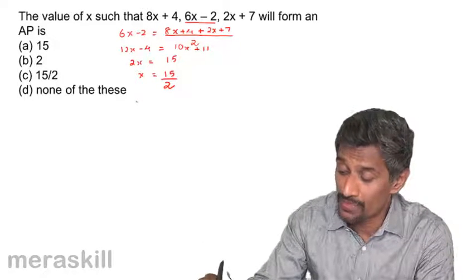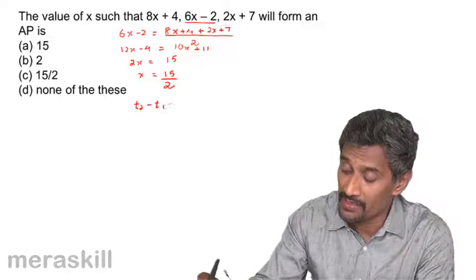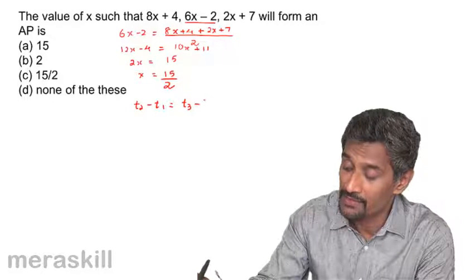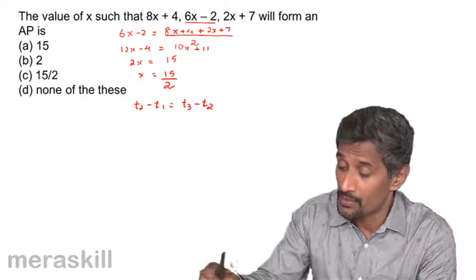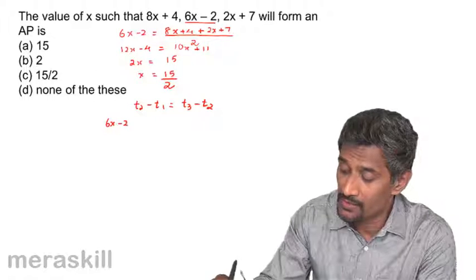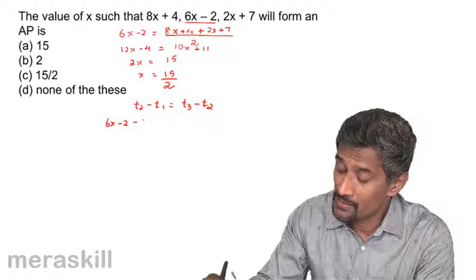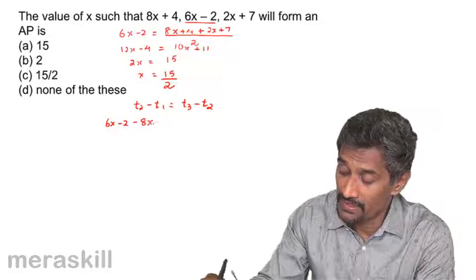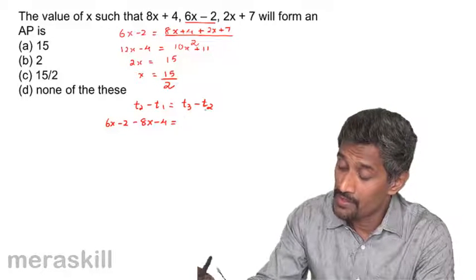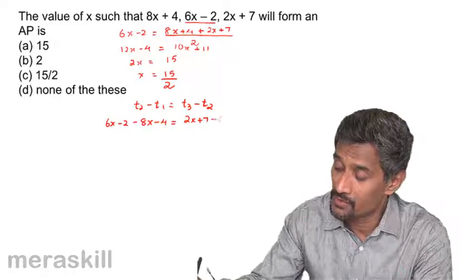The other way of doing it is t2 minus t1 is the same as t3 minus t2, since it's an AP. So which would give you 6x minus 2 minus of 8x plus 4, which is minus 8x minus 4, is equal to t3, 2x plus 7 minus of 6x minus 2, which is minus 6x plus 2.